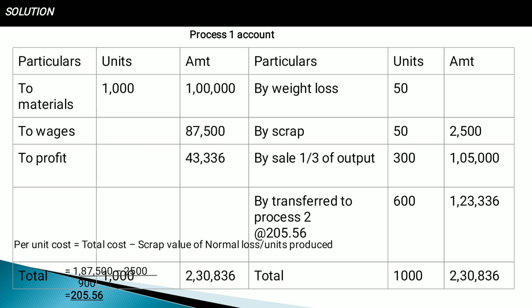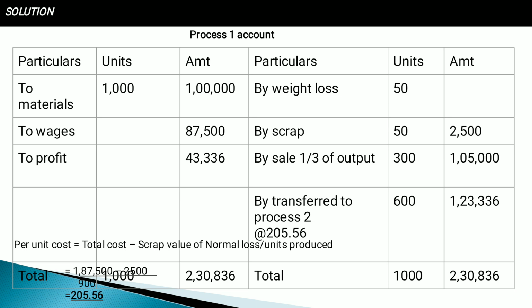So we will get 205. So we'll transfer to process 2 at 205. Then the units is 600, so we will get 1,23,336 amount. So the total here will come 2,30,000 and the profit transferred is 43,336, with total units 1000.